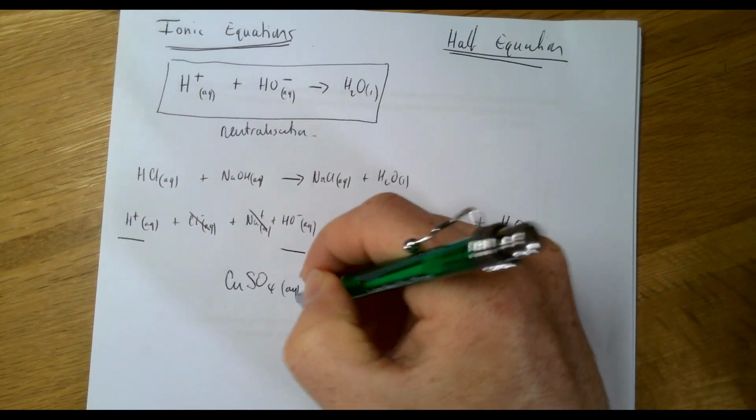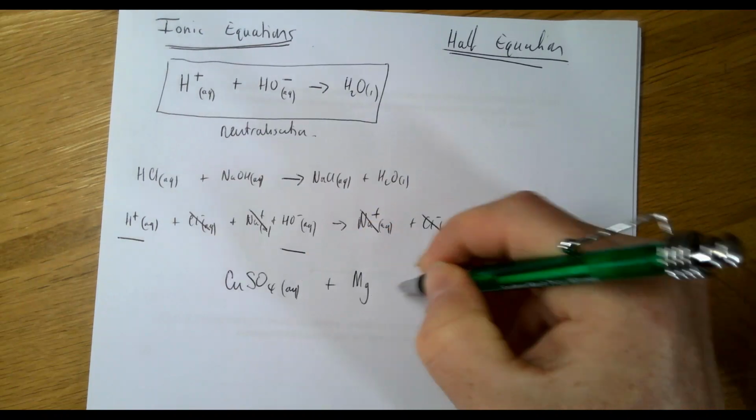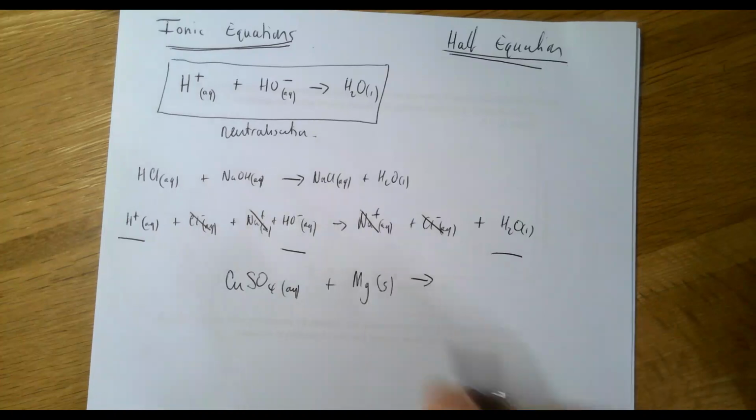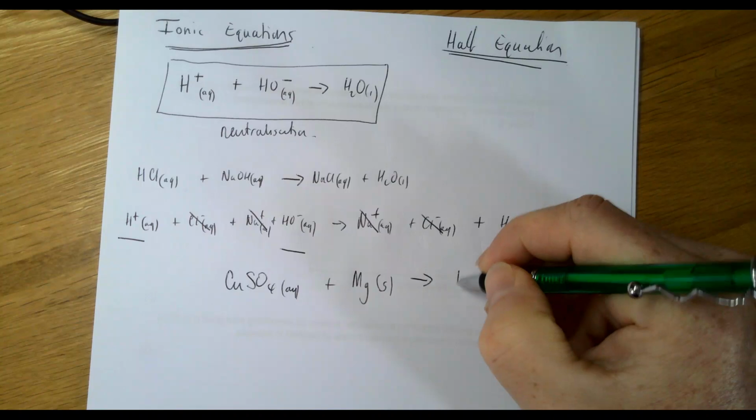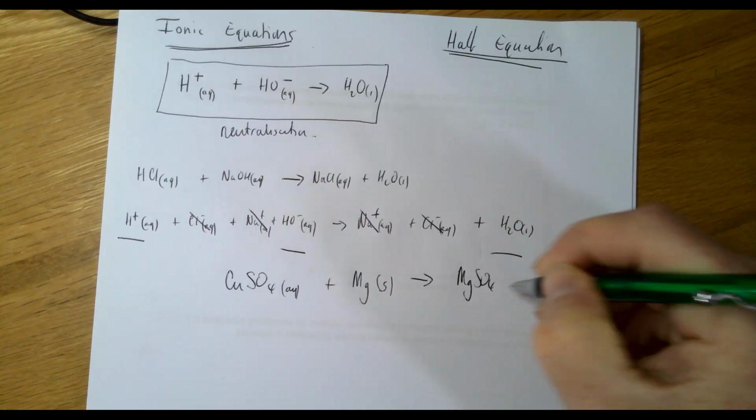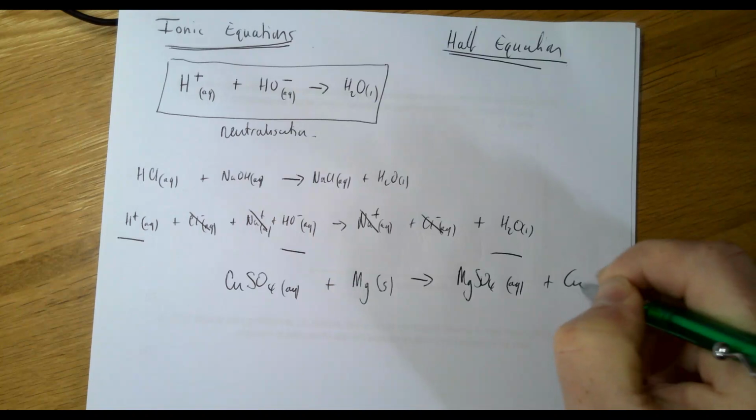I'll just write that out quickly. So you've seen and know this balanced equation: solid magnesium, which is more reactive than copper, will displace the copper to give you magnesium sulfate and copper, and that's fine.